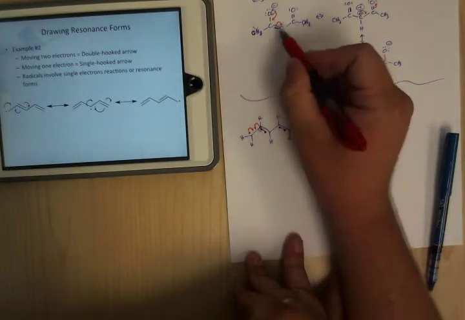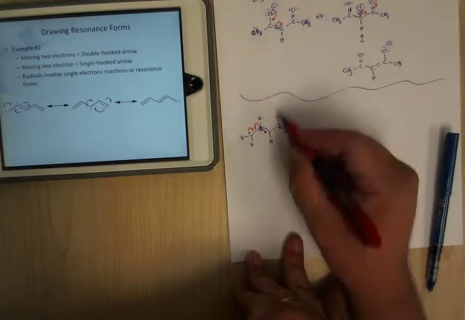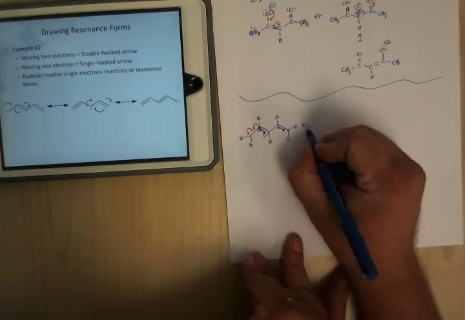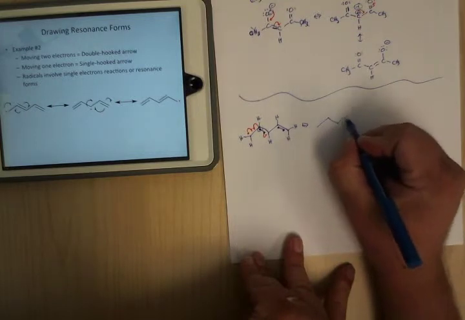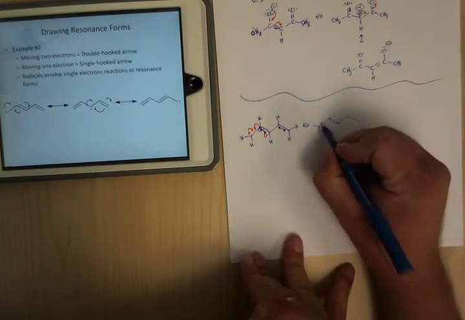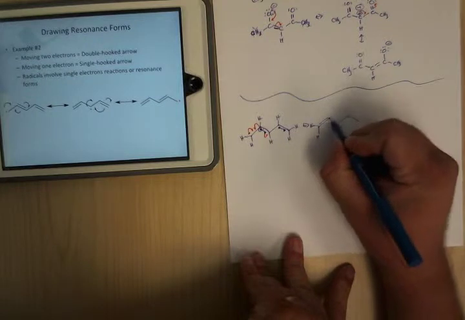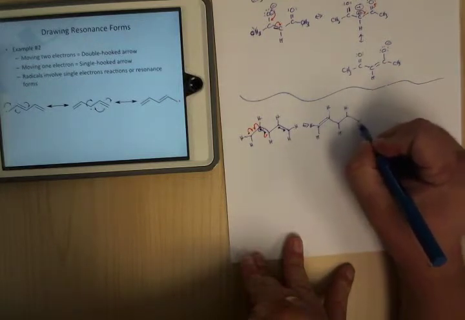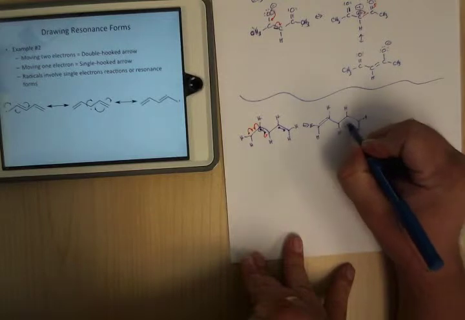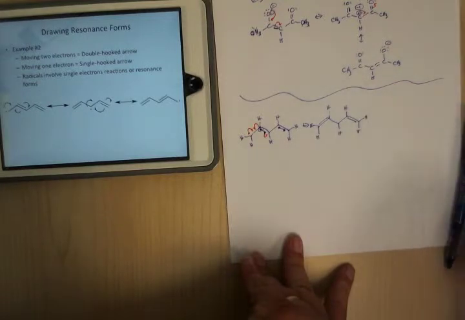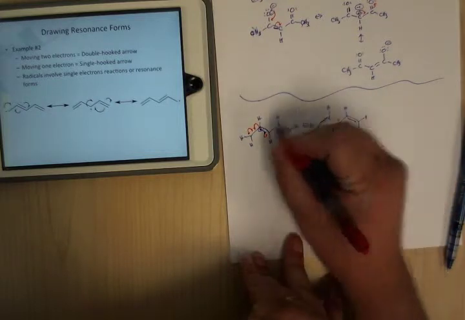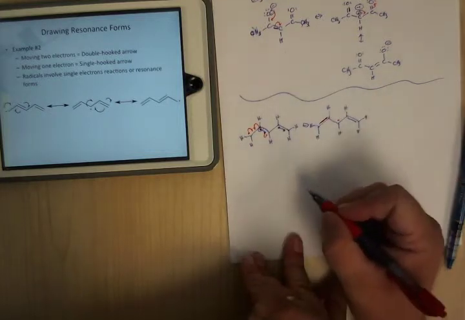Well, just like this one pushed it onto here, we're just going to push that there. Okay, and so now we have this. And so this is that bond that we just created, and that's this electron here that went there.